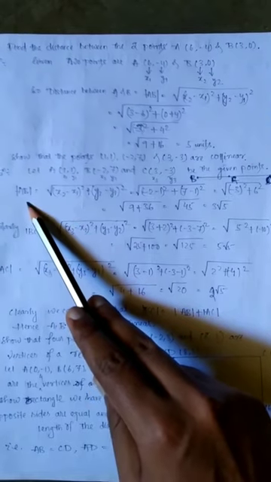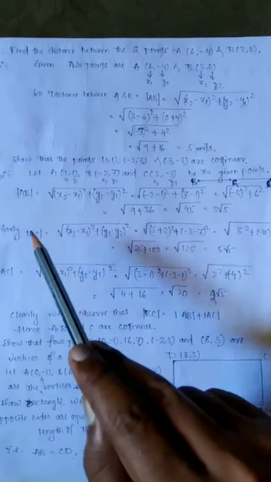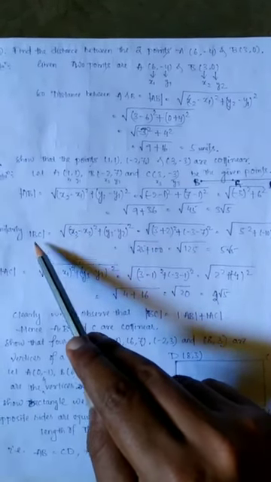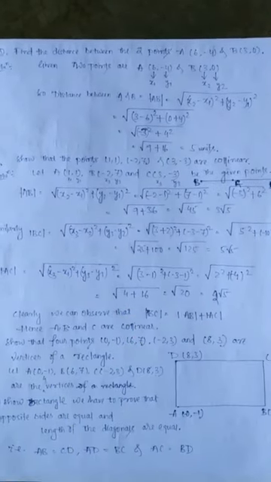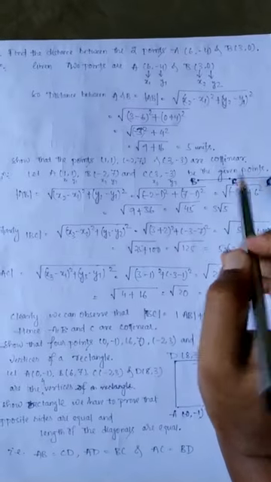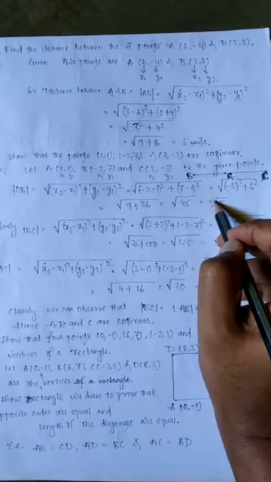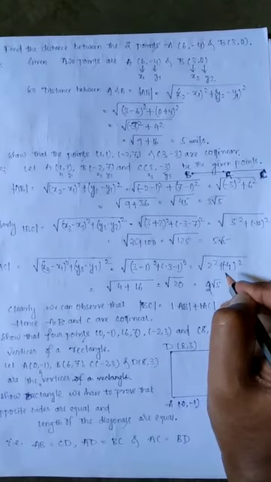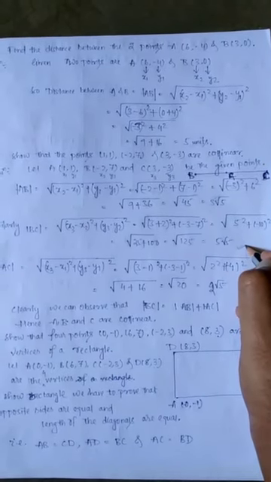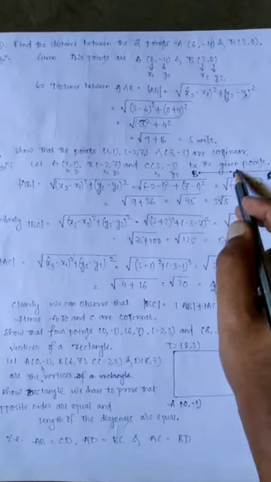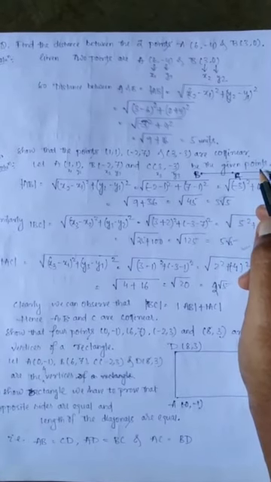So I have found the length of AB, next the length of BC, and next the length of AC. So here we can see the length of AB plus length of BC is equal to length of AC. So these 3 points are collinear. Okay, thank you.